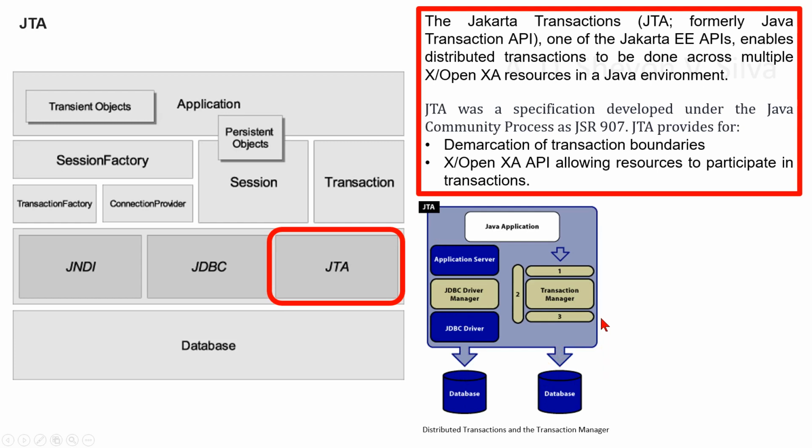And the Java application is connected to the transaction manager and JTA here. Number 1 is user transaction, 2 is transaction manager, and 3 is XA resource.